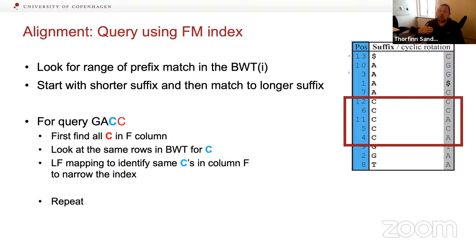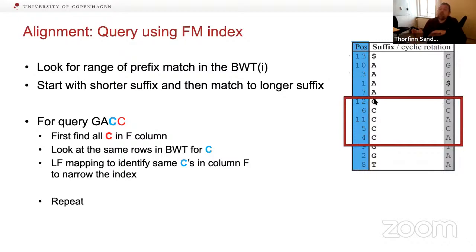Then we use our Burrows-Wheeler transform as a lookup table. Say we were searching for the complete query that is called GACC. Then we know that the first column per construction is sorted such that we have all the A's first and all the C's first. So what we do is jump into the block that starts with a C, okay?